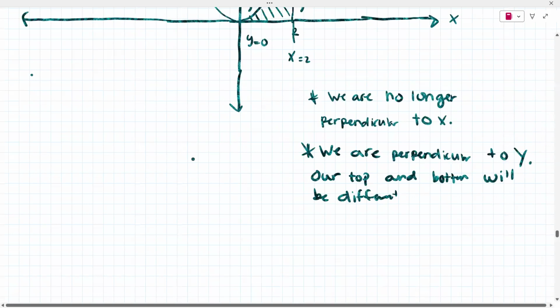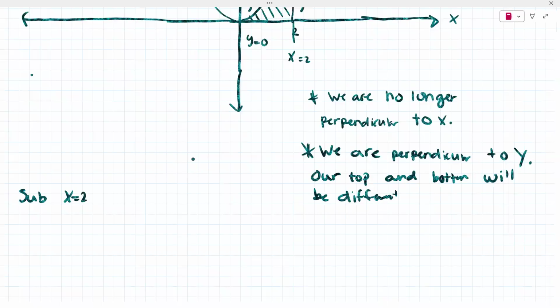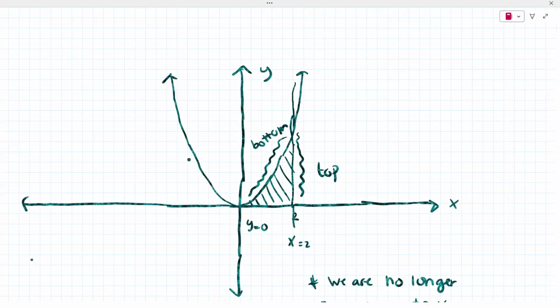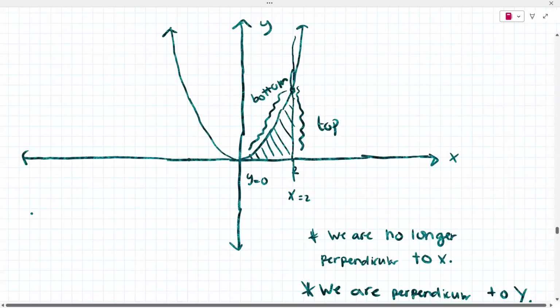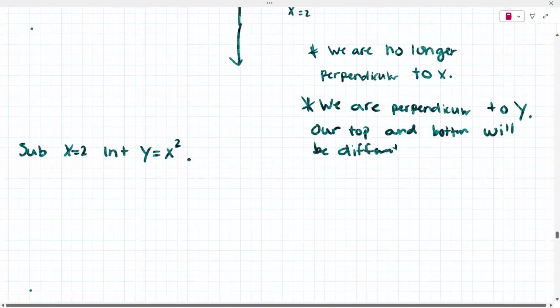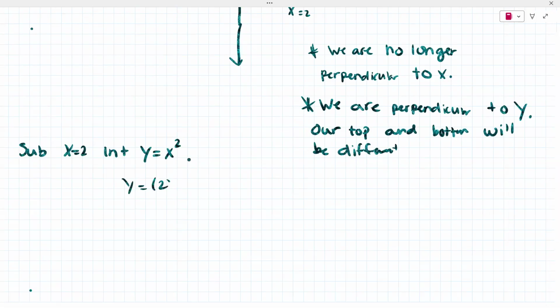We substitute x equals 2 into y equals x squared, because we're going up along the y-axis. This is our top and this is our bottom. I believe this is 0. And what's this height? We substitute x equals 2 into y equals x squared, so y equals 2 squared, which is y equals 4.